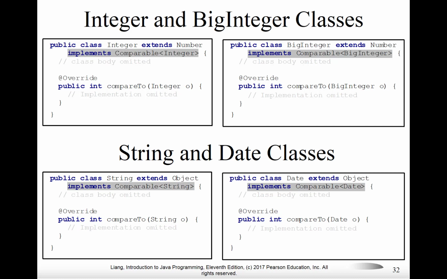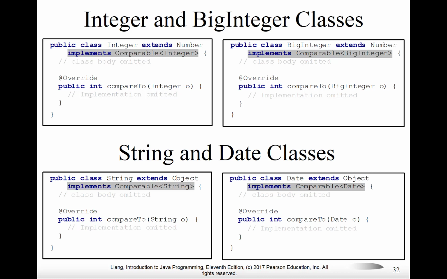So starting with Integer, that's the top left corner here, we would say public class Integer, and again remember this is the wrapper Integer class, extends Number, which is the parent class of all the wrapper classes, and implements Comparable, and notice the generic type has been replaced by the wrapper class Integer as a type. The actual class body has been omitted here, but we now go down to the place where we're overriding the compareTo method.